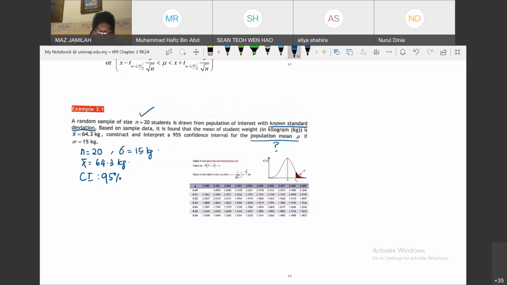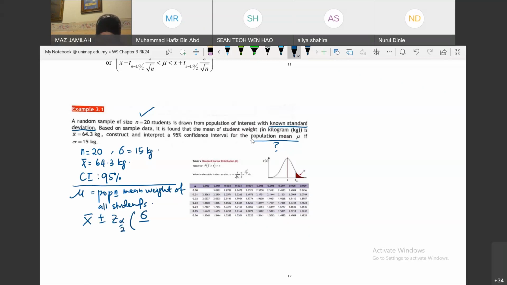If you follow your textbook, we begin with mu. Mu is equal to the population mean weight, the mean weight of all students. Then we follow x bar plus minus z alpha over 2 times sigma over square root of n, since sigma is known.